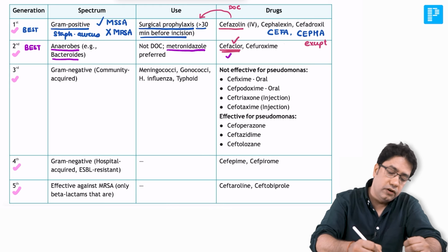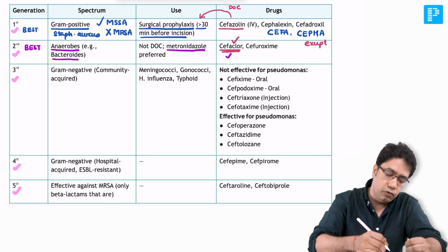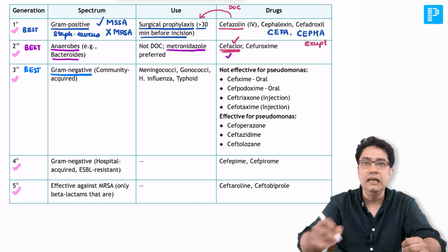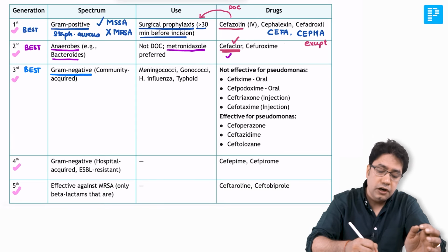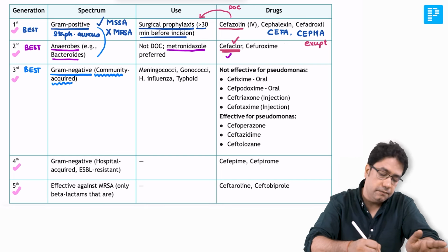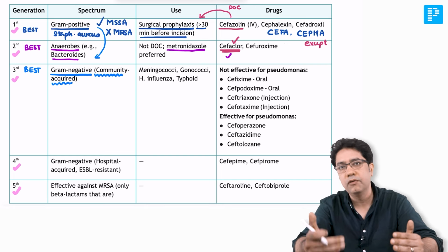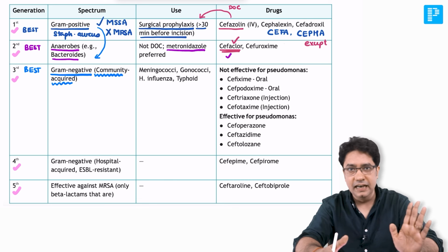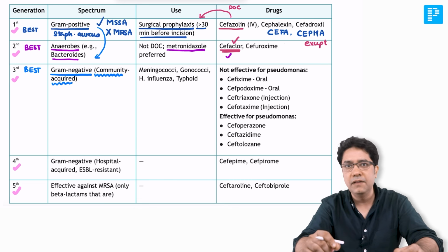Now let's jump over to third generation cephalosporins. They are best for gram-negative bacteria which produce community-acquired infection. If we see this pattern, as we go from first generation to third generation, we are moving from gram-positive to gram-negative bacteria, given for those gram-negative infections which spread in the community.